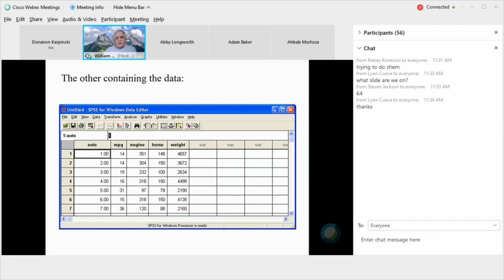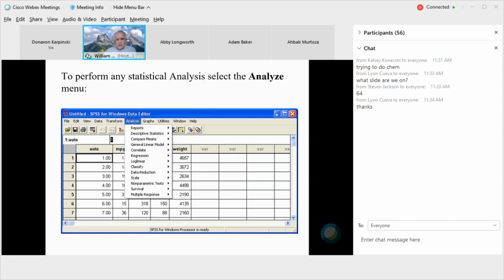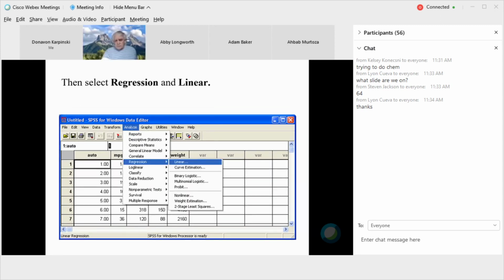What we're interested in doing is predicting miles per gallon from engine size, horsepower, and weight. To perform the analysis, you go to Analyze, and you pick Regression and Linear Regression. There are other forms of regression, where you're fitting nonlinear models and so on.